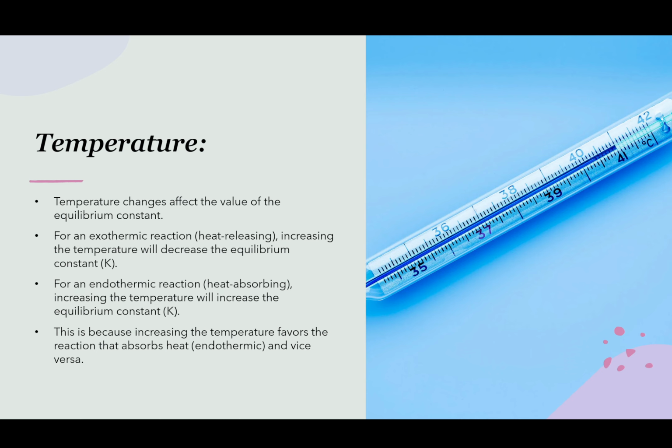So if you decrease the temperature for an exothermic reaction, it actually increases the constant K, and if you decrease the temperature for an endothermic reaction, it will decrease K. This is because increasing the temperature favors the reaction that absorbs heat, endothermic, and vice versa. So it's basically saying if you already have a very hot solution, increasing the temperature of the solution is not going to make much sense.